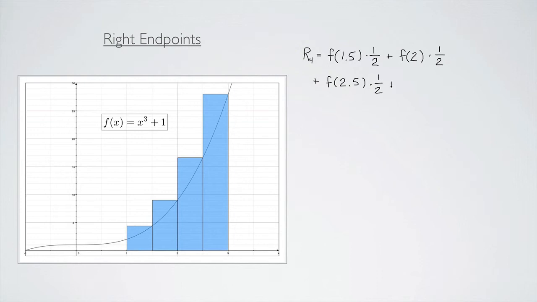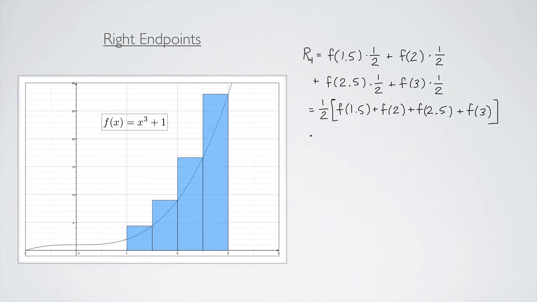And finally, the last rectangle is the value of the function at 3 for the height, and a base of a half. Okay. And once again, I can factor out a 1/2. So let me do that. So it'll be 1/2 times the value of the function at 1.5 plus the value of the function at 2 plus the value of the function at 2.5 plus the value of the function at 3.